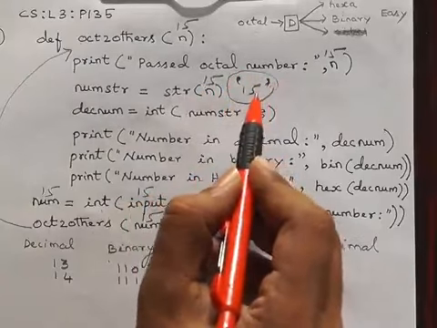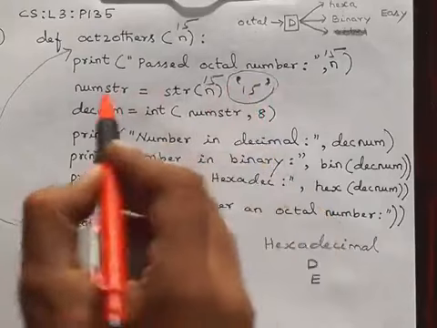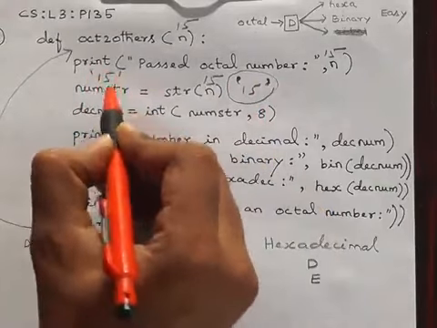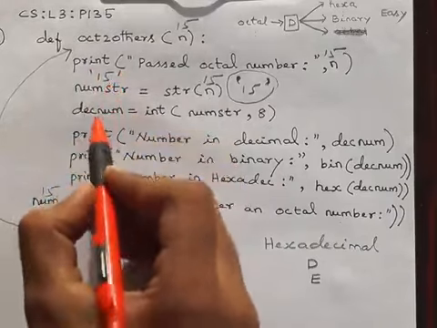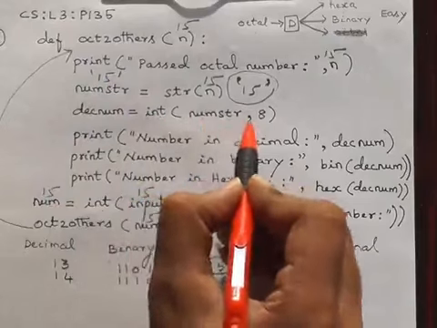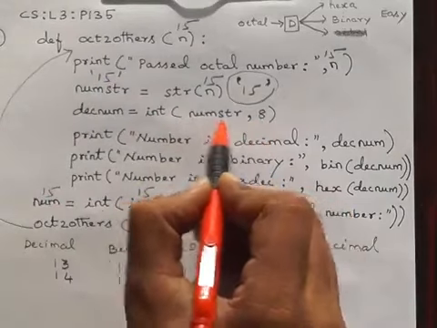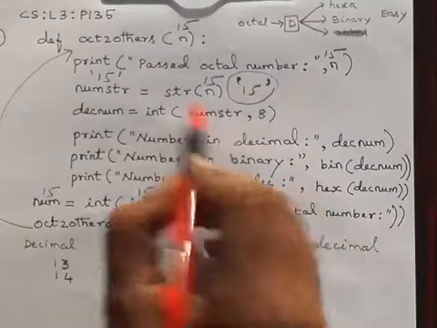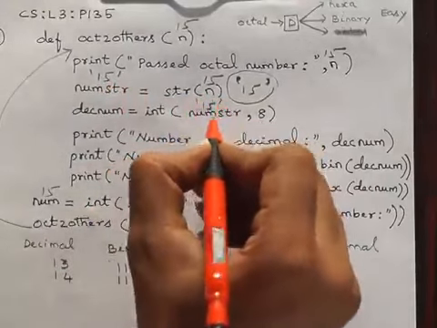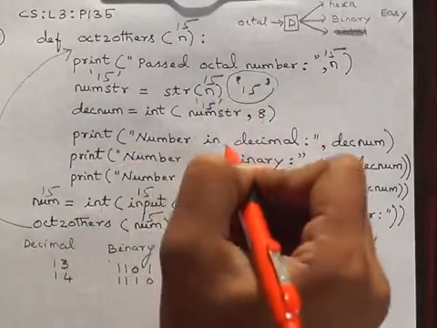Now the string 15 is going to be saved in num str. Now decnum equal to int num str comma 8. In this num str, what is stored already? It is string 15. So string 15 comma 8.